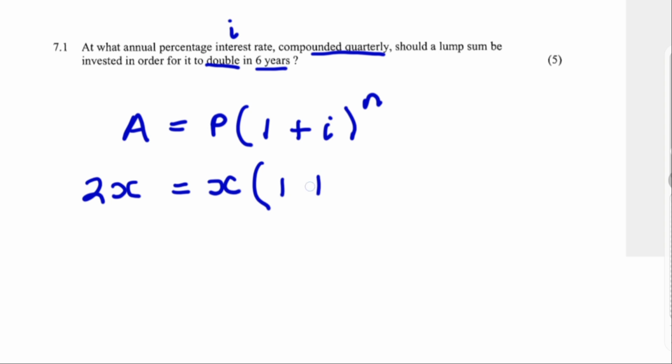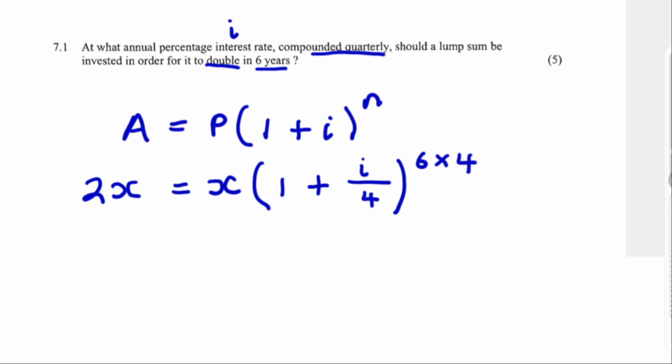So that is 1 plus, and then we want the interest rate. So remember here, we are compounding quarterly, so we divide our interest by 4, and then we multiply our number of years by 4 as well.